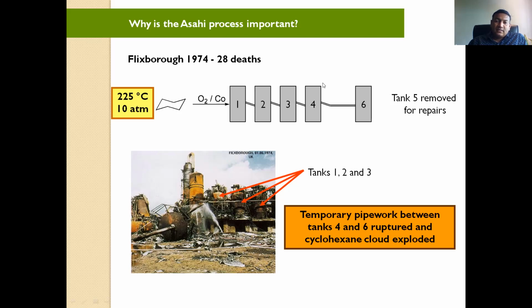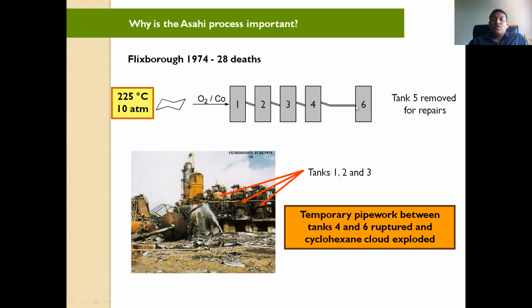See here in the pictorial representation I have shown this. There was a first tank, second, third, fourth, and the fifth tank was removed for repair purposes. So whatever was coming out from the fourth tank, they directly connected to the sixth one, right?